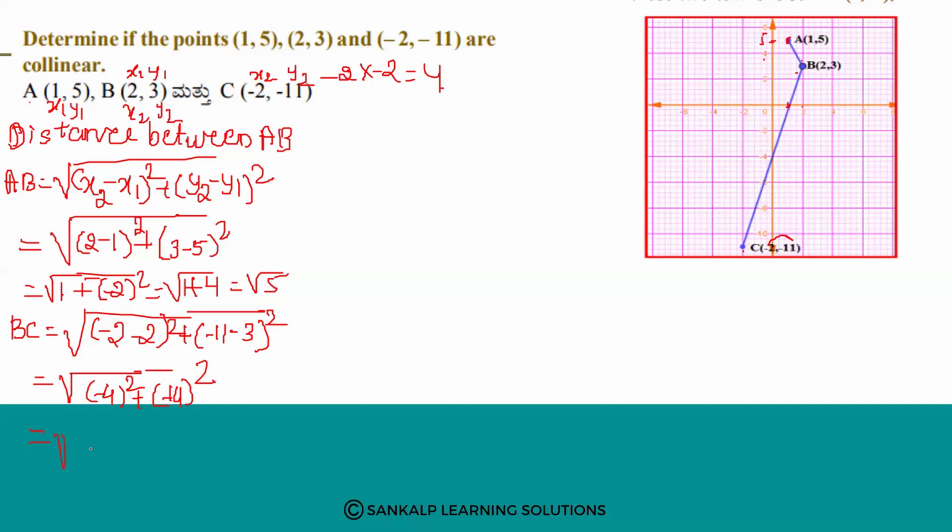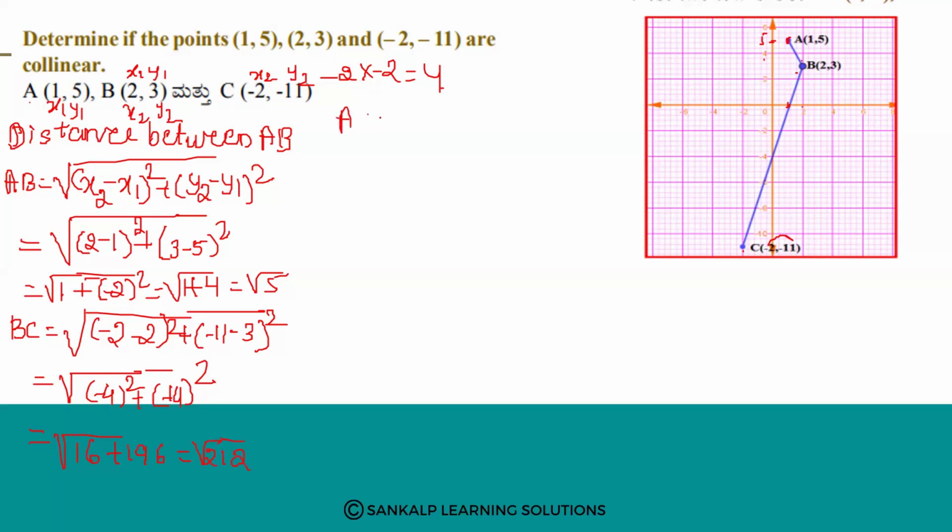Minus 4 whole square is 16, minus 14 whole square is 196. 16 plus 196 is 212. So this is the value of BC.